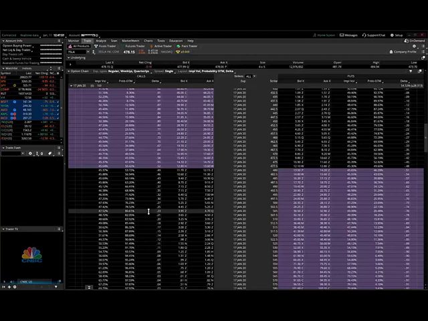So that's a 5% return on our money that we spent for 6 days. That's not bad. So what you want to do is sell that 515 for $3 and see what happens.